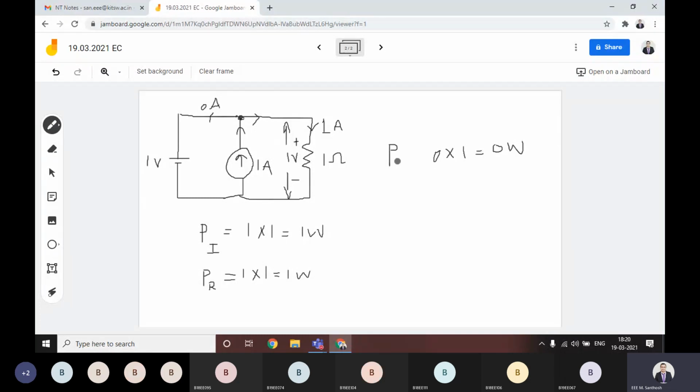The power delivered by this voltage source is 0 watts. In the case of the current source and the resistor, it is 1 watt, that is okay. But for the voltage source, why 0? Because the current coming from the current source will definitely flow through the load, that is the resistor. For that reason, you get 0 watts in the case of the voltage source.